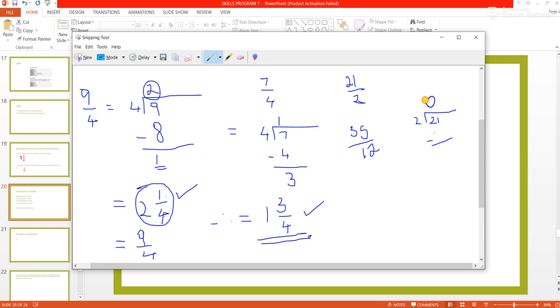This will be your whole number, and this will be your numerator, and your denominator will always stay the same.